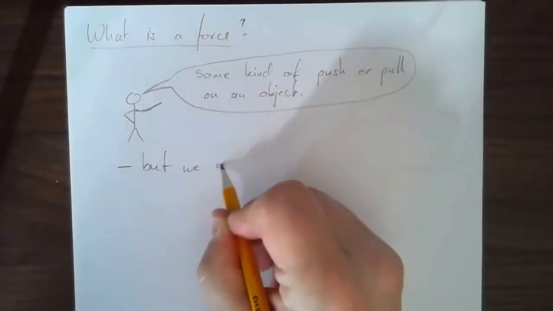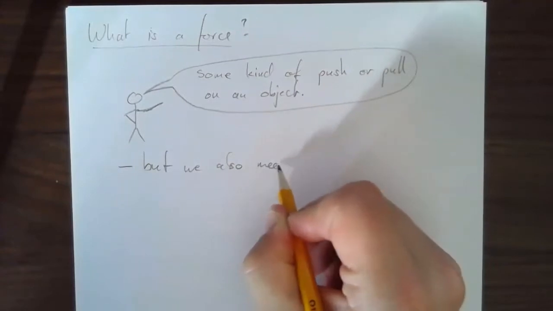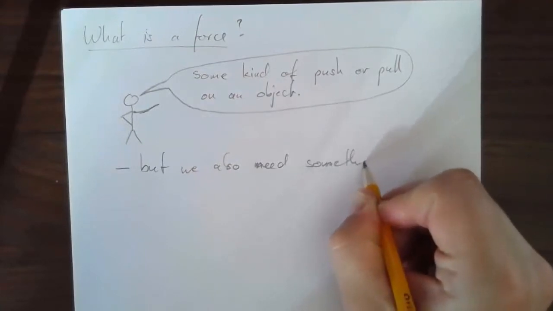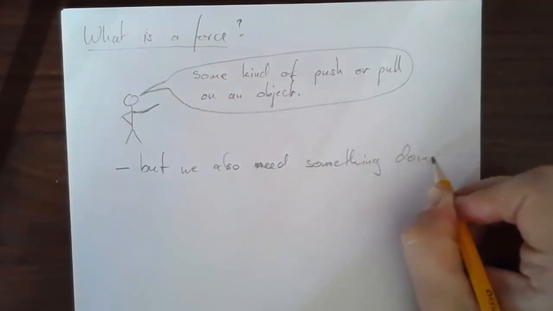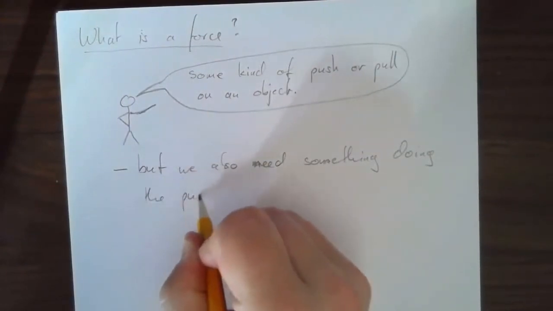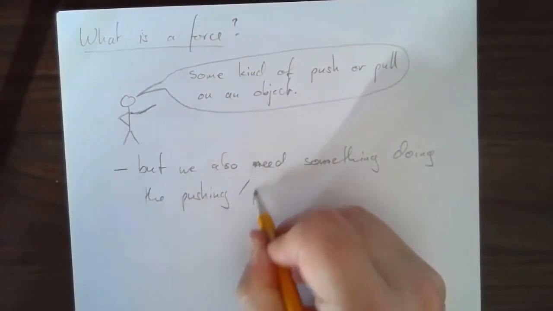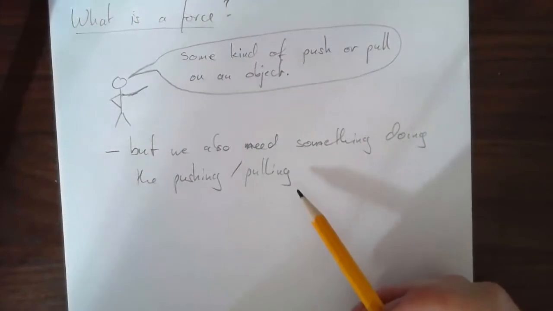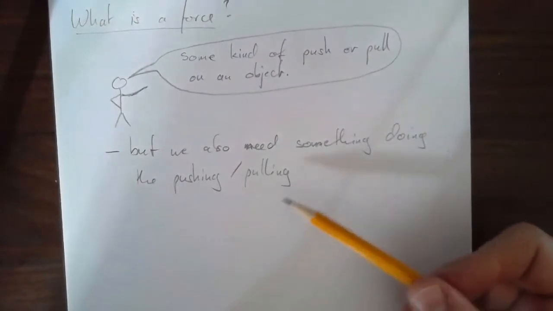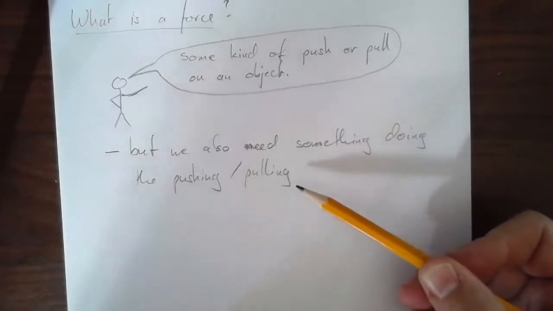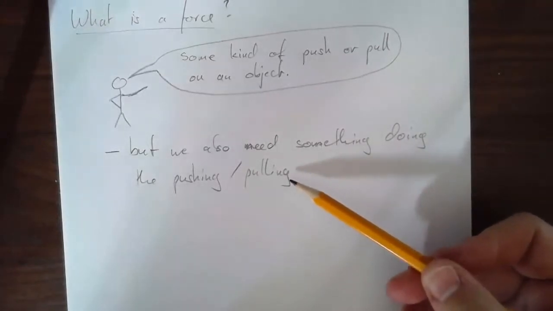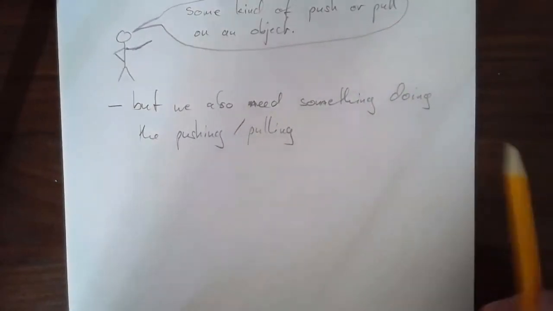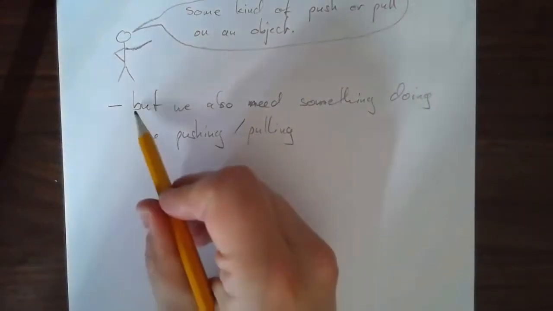We also need something else or someone else doing the pushing or pulling. And if you think about this carefully, if you pull on a rope, for example, you can feel that you're pulling on it hard. It's like the rope trying to pull you back. And if you pull on a rubber band, you stretch it, well, the rubber band is pulling back on you. There's always this two-way effect. And it's going to be the case no matter what type of force you're thinking about.